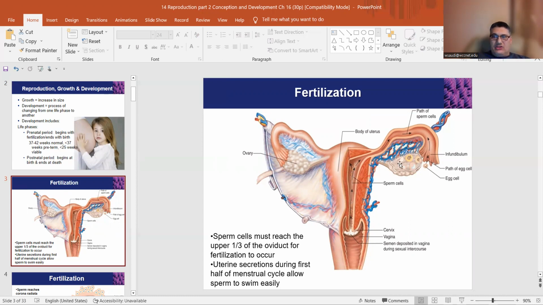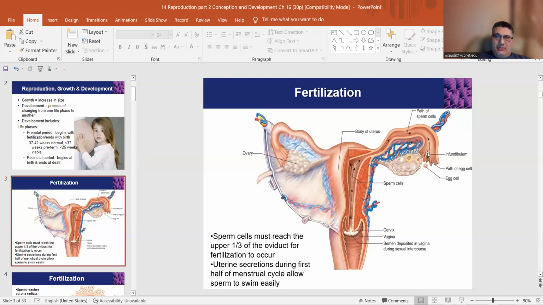This growth of the follicle with the oocyte inside of it will happen in the first 14 days. At day 14 exactly, there will be a sudden surge of LH, luteinizing hormone. And the secondary oocyte specifically will be released.